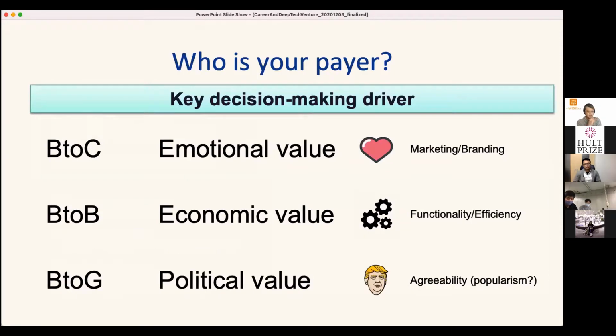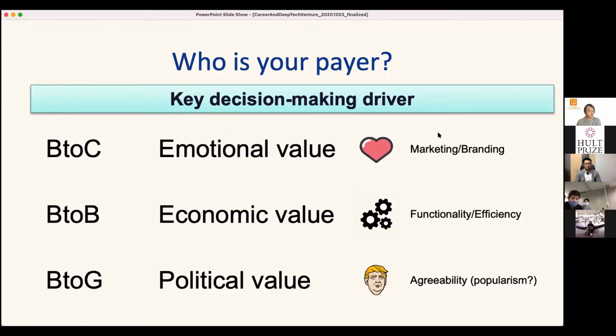And in each business type, they have their own key decision-making drivers. So for example, in a B2C business, the key decision-making driver is emotional value. So if the customer likes it, they buy it. And if the customer doesn't like it, they rarely buy it. Functionality and other factors are important, but the most important one is the emotional value in B2C business.